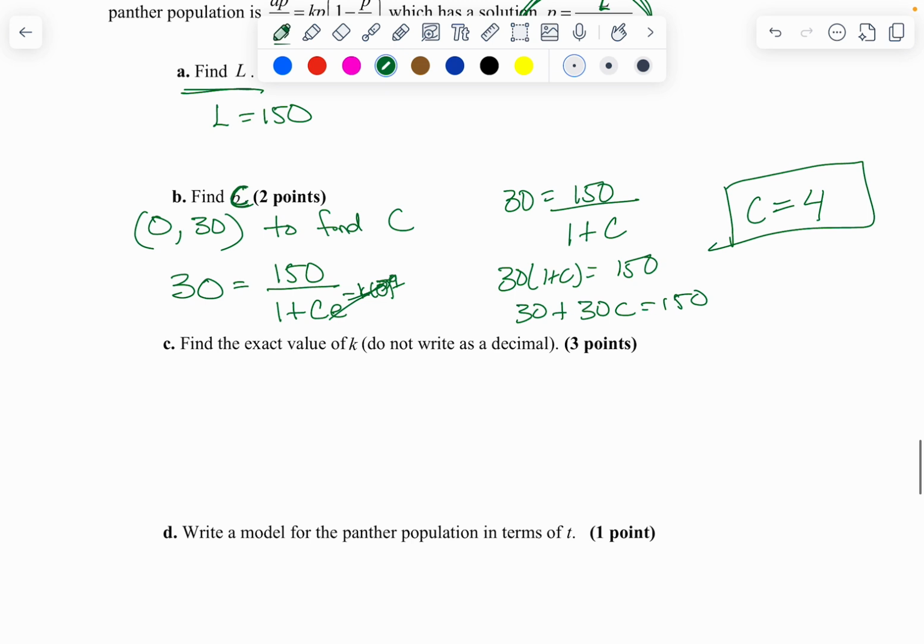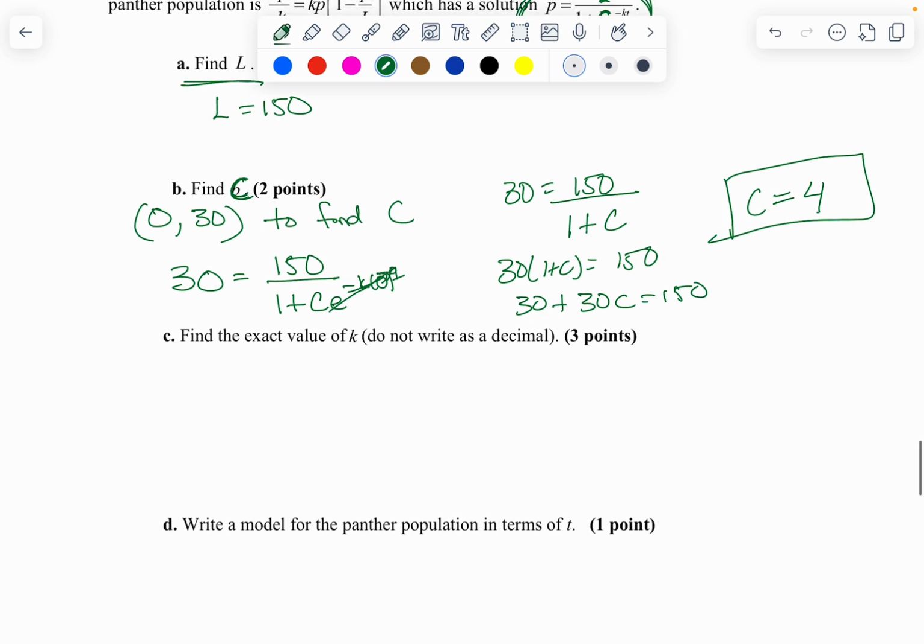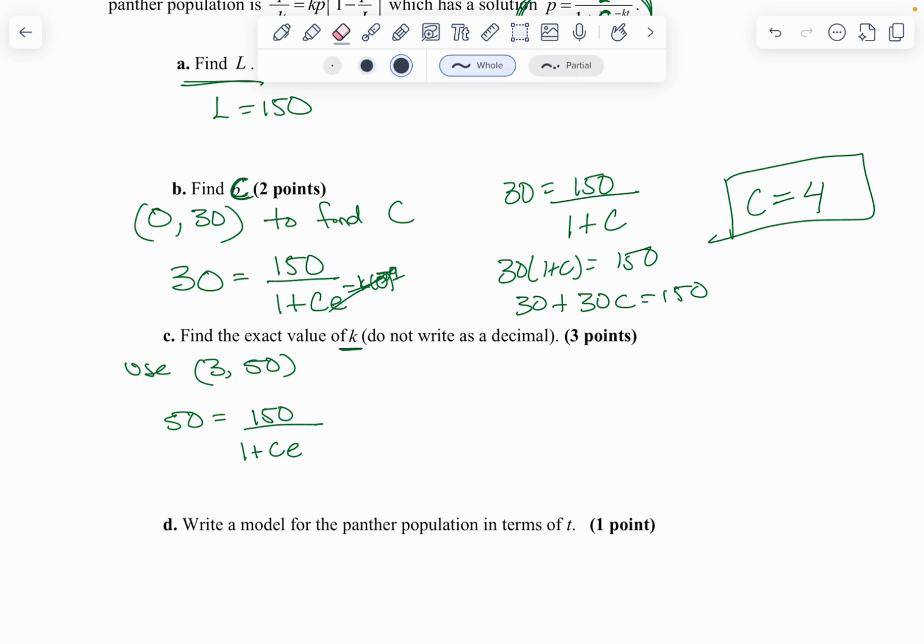All right, part C. Find the exact value of K, but do not write as a decimal. So we found C. We just got to find K. And in order to find K, we're going to use the second piece of information, and that is after 3 years, they said that there were 50 panthers in the preserve. So 50 is equal to 150 over 1 plus C E. Oh, no, we did solve for C, right?